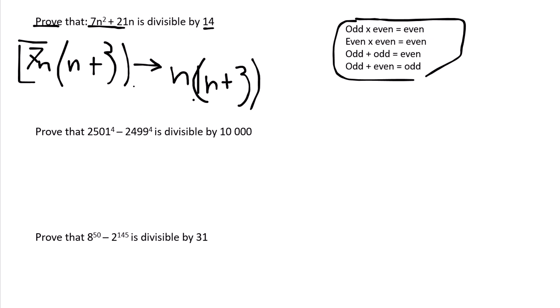So all we need to prove is that this number which you see here is an even number. It has to be an even number because 7 must be multiplied by an even number to be divisible by 14.